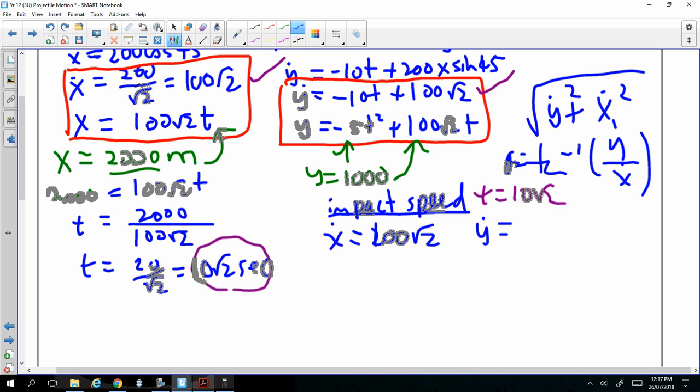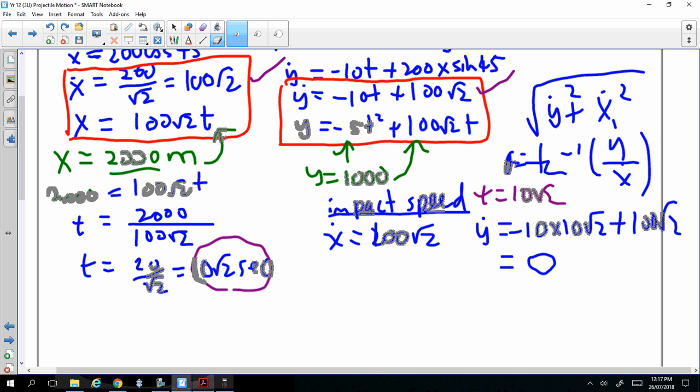Oh, they cancel, which comes to 0. Okay, so you reach maximum height when you reach the top of the mountain. Since y dot is 0, the impact speed must be equal to x dot, which is 100 root 2 meters per second.